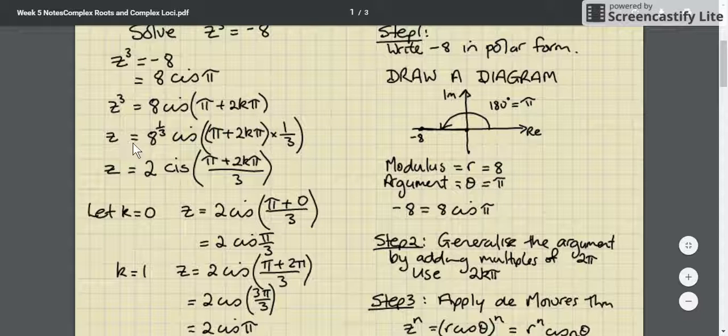And then applying De Moivre's theorem, this gives us that our 3 values of z will be equal to 8 to the third, the cube root of 8, cis pi plus 2k pi, divided by 3 or multiplied by a third. It's useful to have this argument expression as one single fraction.